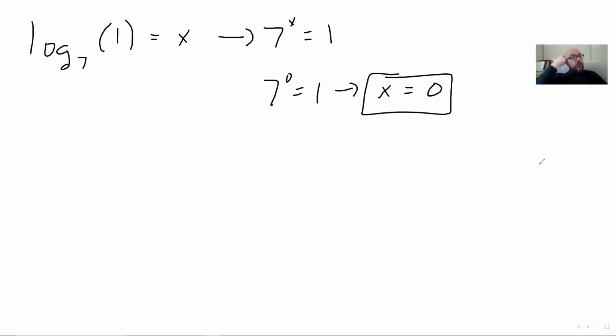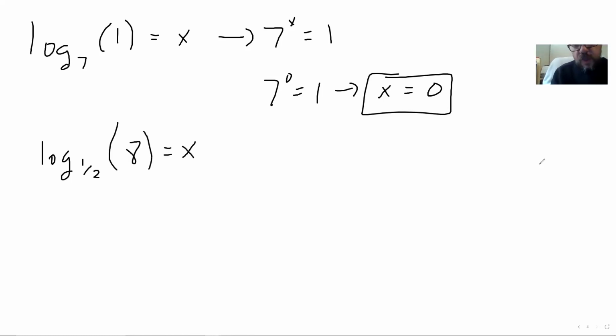There we go. You can also do this the other way around with fractions. If I do log base 1/2 of, let's say, 8, and I don't know what that is, I want to know 1/2 to what power equals 8.